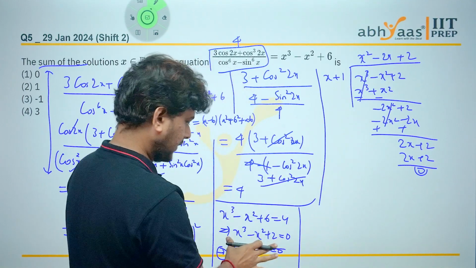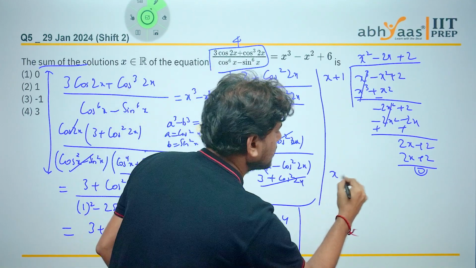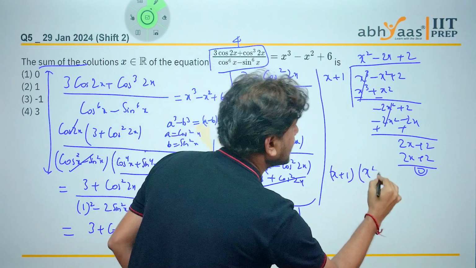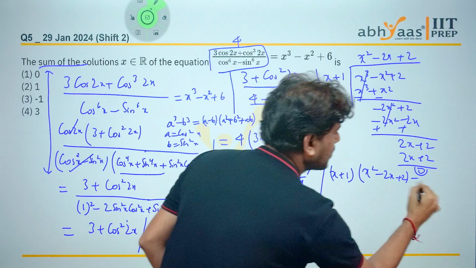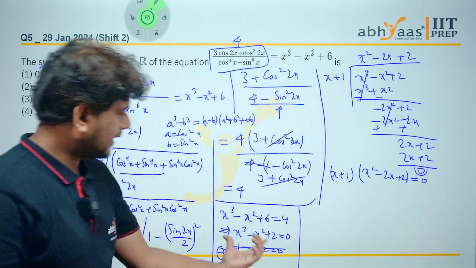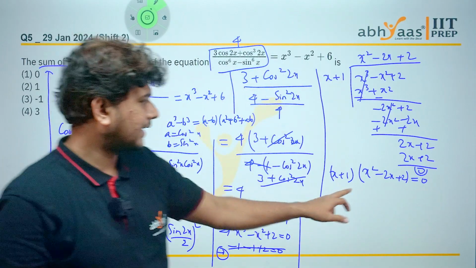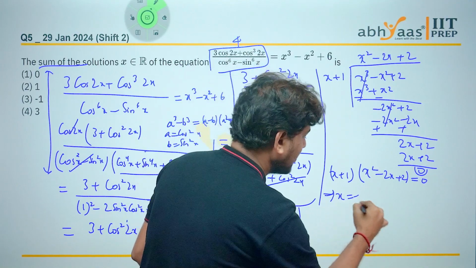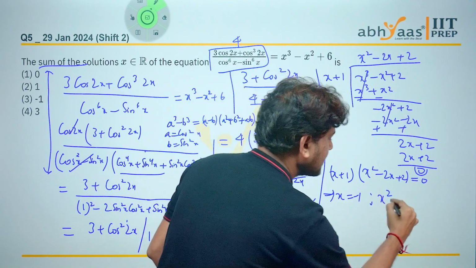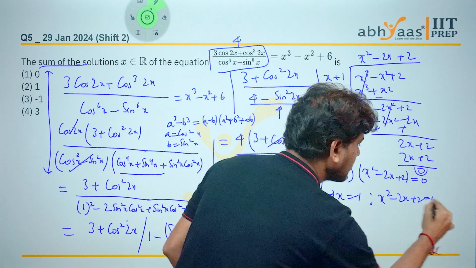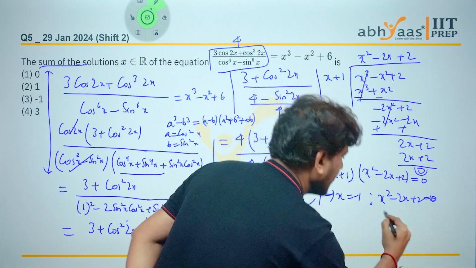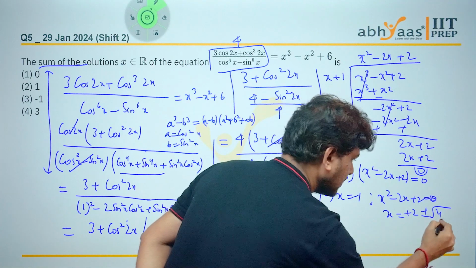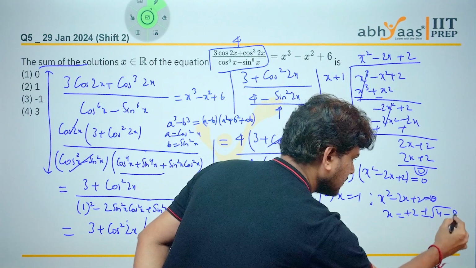So everything is equal to 0. So this equation can be written as x plus 1 into x square minus 2x plus 2 equal to 0. We divided the equation with the factor, we get the remainder. So now x can be minus 1 or x square minus 2x plus 2 equal to 0. So x equals minus b plus or minus root b square minus 4ac.